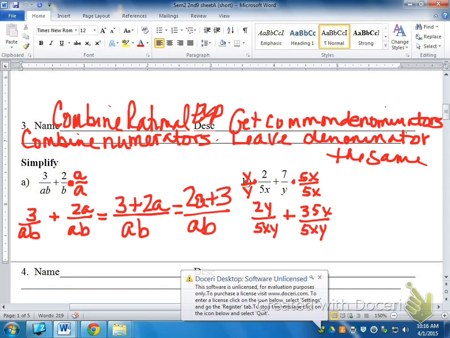And I have been successful in making my denominators the same. So on the denominator, I put 5xy. Don't change that. That stays. And I'm going to look ahead and put it in alphabetical order right now. What am I going to put? 35x plus 2y. If you have to sit and say the alphabet, then I guess that's what you have to do.